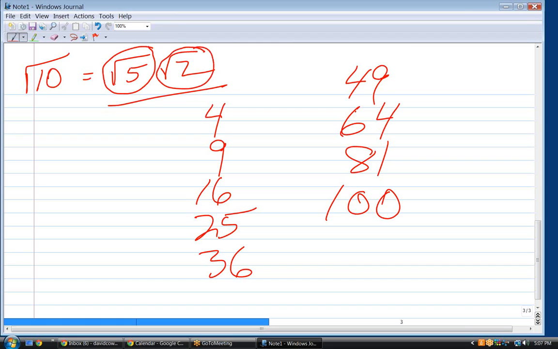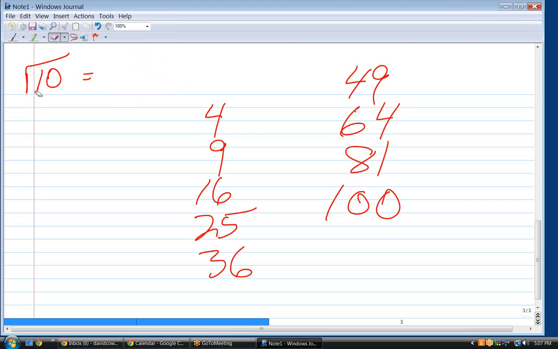Therefore, the simplified form is the same thing, square root of 10. In other words, unless you can find a factor of this number that is one of these perfect square numbers, there's no simplifying it. So it's a no solution? No, it's not a no solution. It just means that is square root of 10. That's its final simplification. It doesn't go down further.